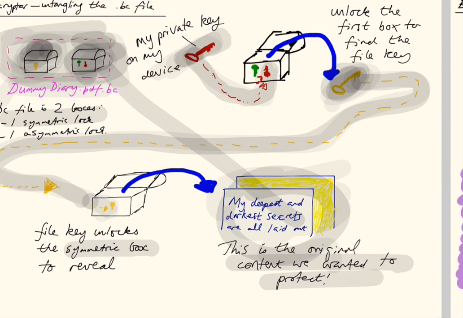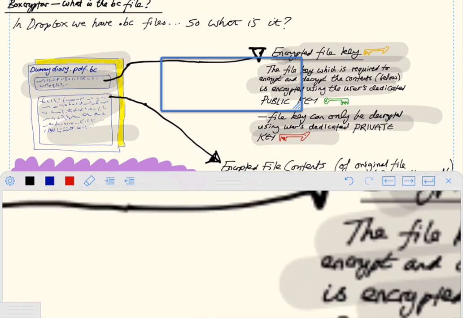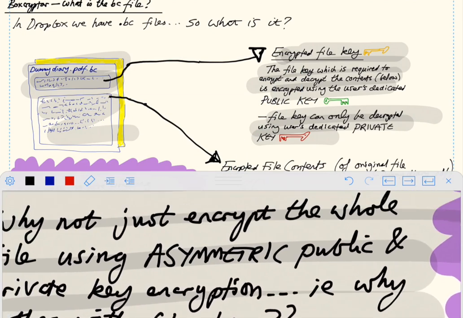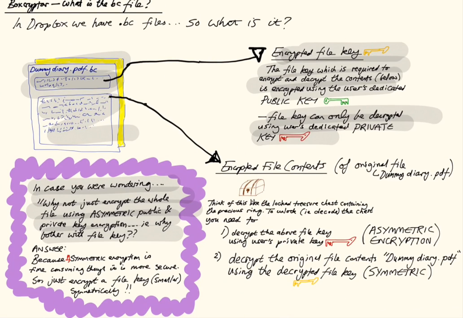The reason is that even though it's more secure, the private-public key encryption is actually computationally more time consuming and more expensive. Actually, there's an error down here, that should be asymmetric, just in case you were paying attention.